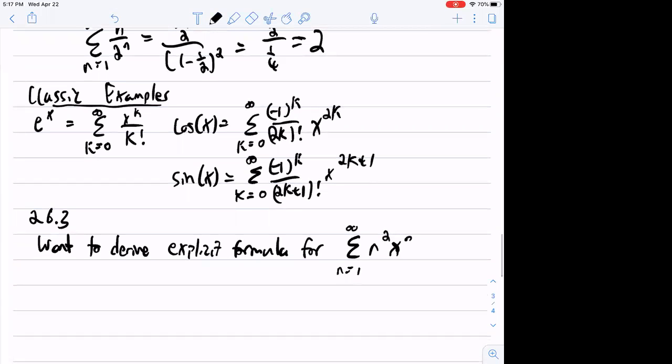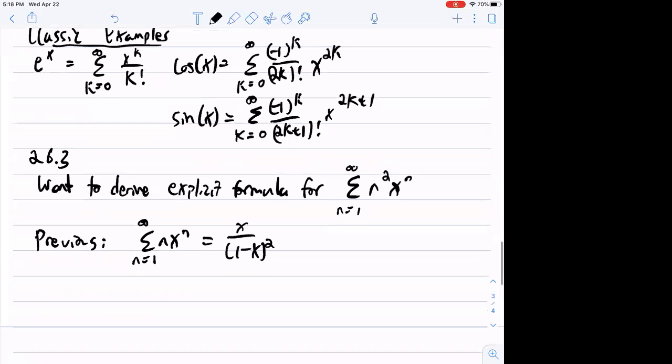Okay, so from the previous problem, what did we have? We had the sum of n x to the n, which was this, right? Okay.